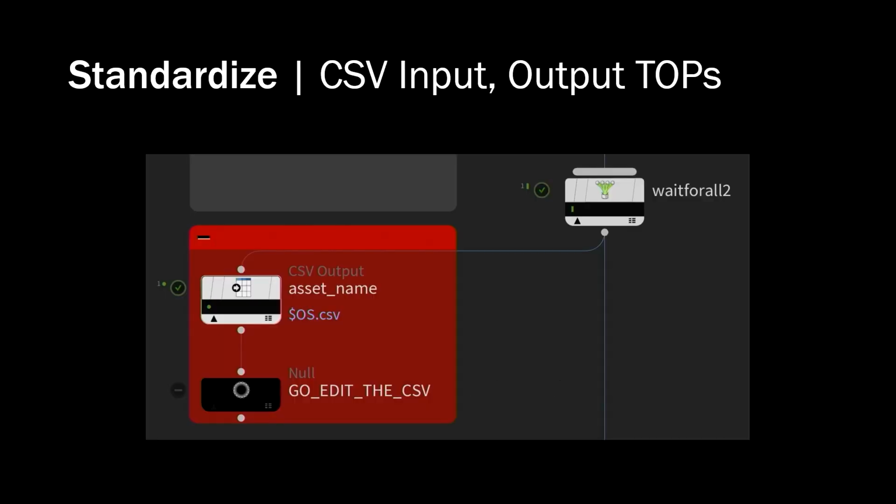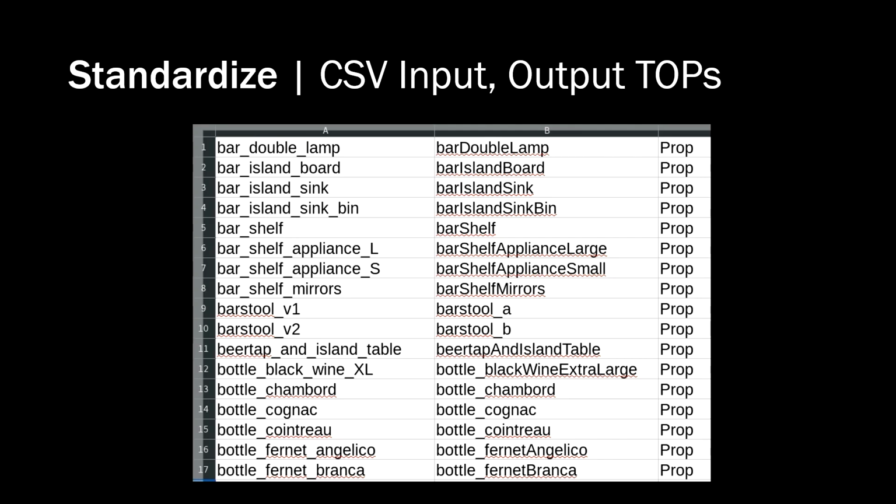CSV input and output, you could use JSON or other file formats, but at some point I needed to accept one thing, that I couldn't do everything procedurally, and that's always something quite sad. I just want to give you an example here. That's just a part of the list of all the assets, and there were so many exceptions.